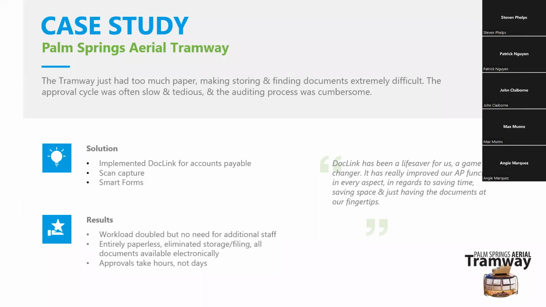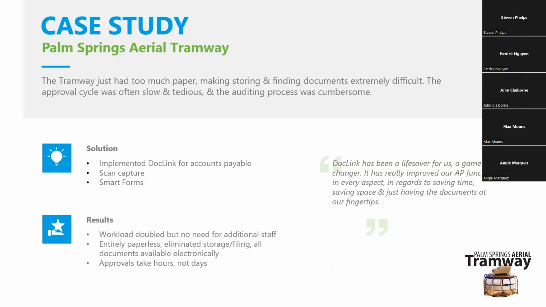All their POs and invoices, they wanted to get digital, not having any more paper. AP was able to scan their invoices, the system automatically matched them to POs, any exceptions or workflow approval needed, all done electronically. They could easily track the workflow process on the invoices, where things are at.